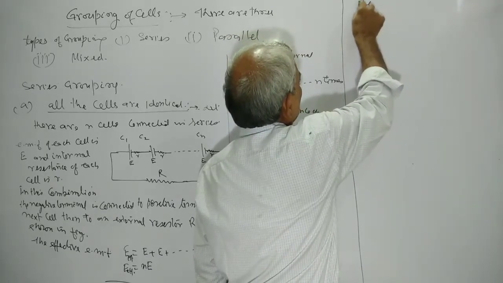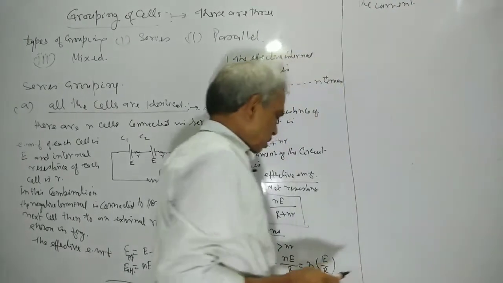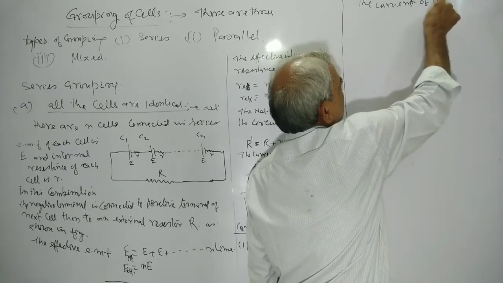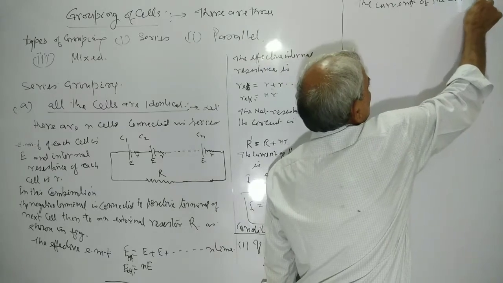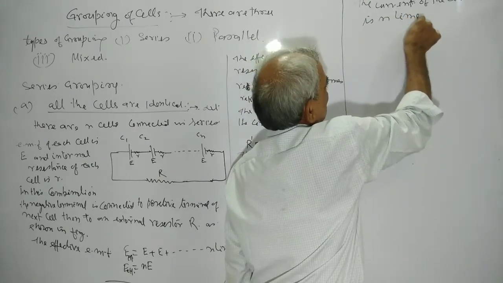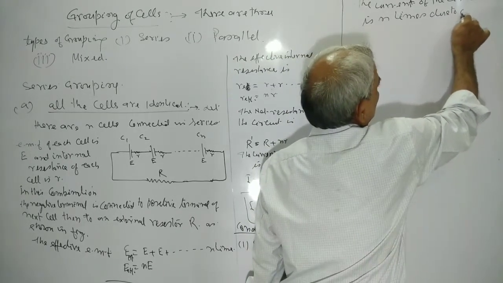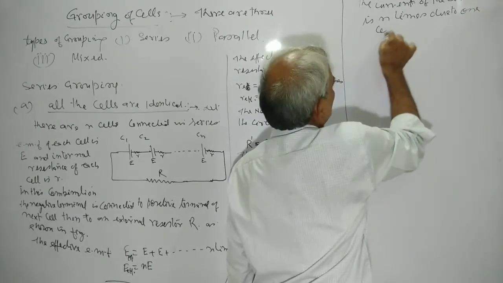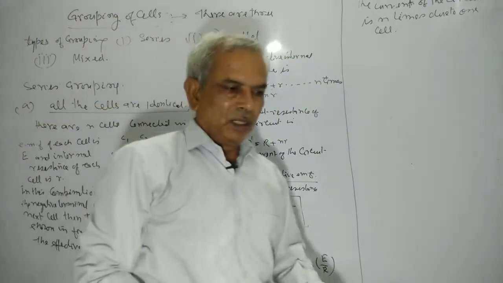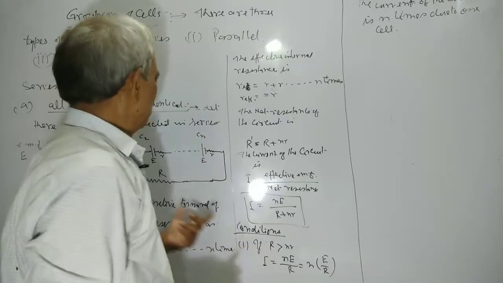The current of the circuit is n times due to one cell. So it is better to connect the circuit in series when the internal resistance is less than the external resistance.